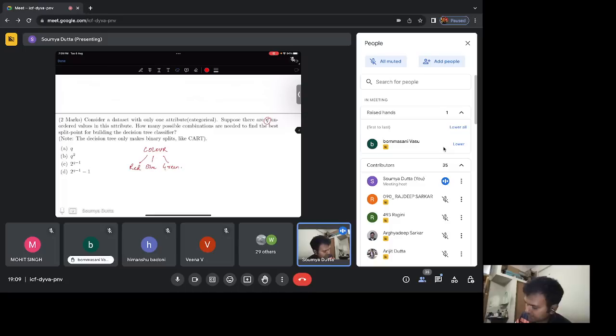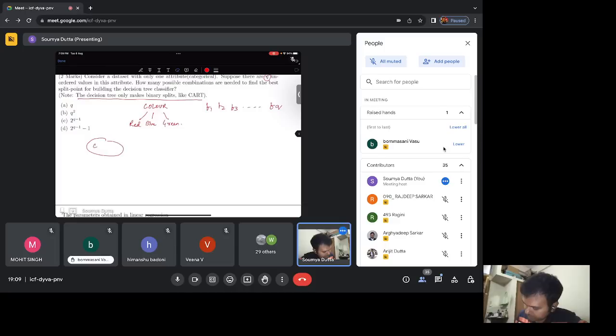Let's say I have the features f1, f2, f3 up to fq. Remember one more thing, the decision tree only makes binary splits, which means that you have to combine these features in such a way that they lead to only 2 splits. So if you have color here, you can only have 2 outgoing arrows, you cannot have more than 2.